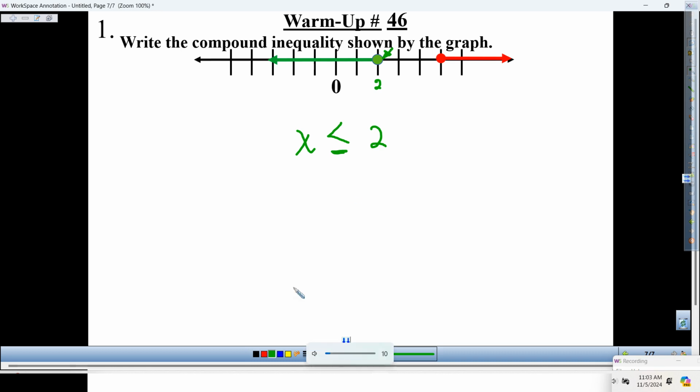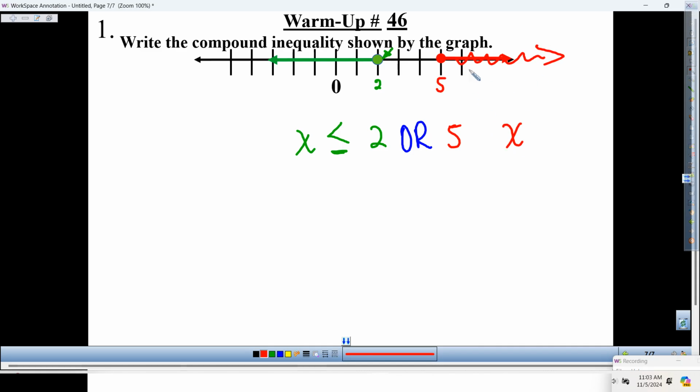Okay. So far so good, yes? Since the two graphs are not intersecting, I told you to use the word or. All right. From there, next dividing point. 1, 2, 3, 4, 5. There it is, 5. And then we have all these values over here. They keep going, and that is x.